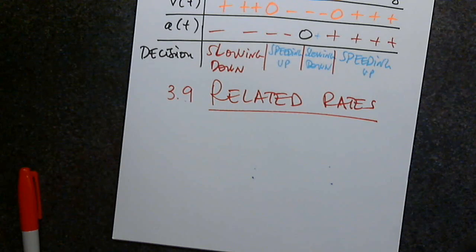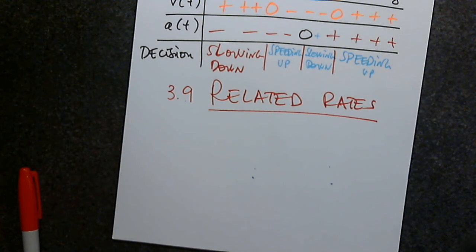I don't have to look at all of them. I can look at the radius and the volume. I may want to relate the surface area, or I may just relate the surface area to the volume. Who knows? So in these problems, number one, we have to read the problem carefully.